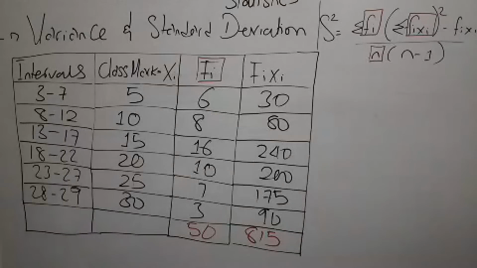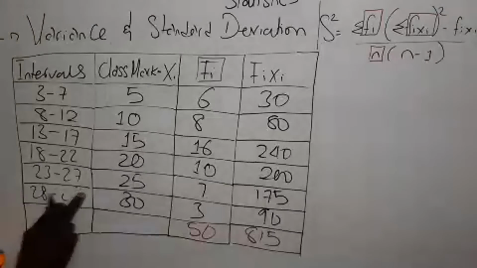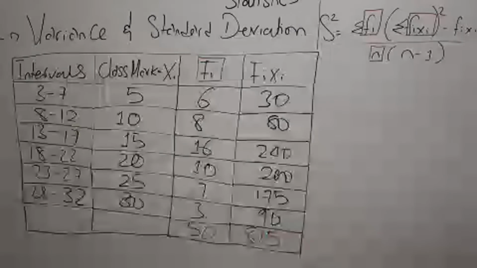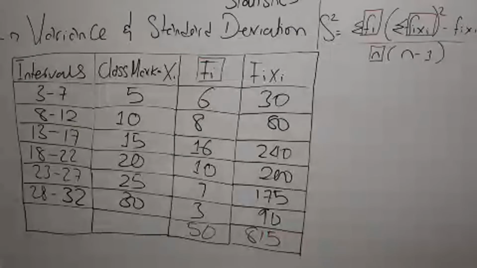So we are expected to have 28 plus 4. So this is supposed to be 32. Supposed to be 32. So now we have 28 plus 32. That gives us 60.